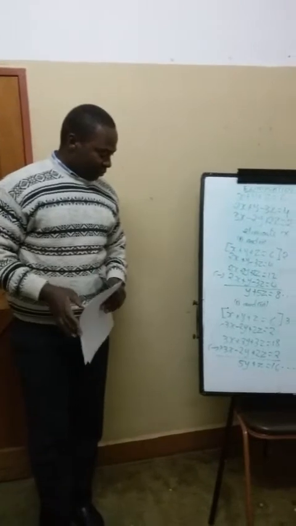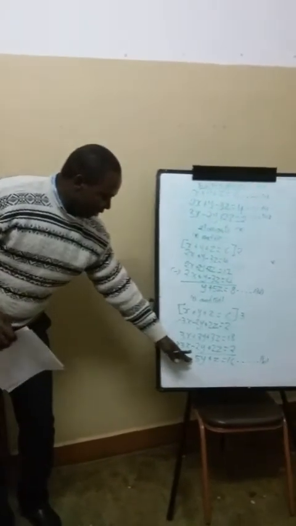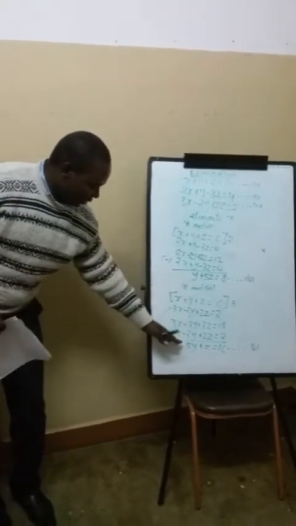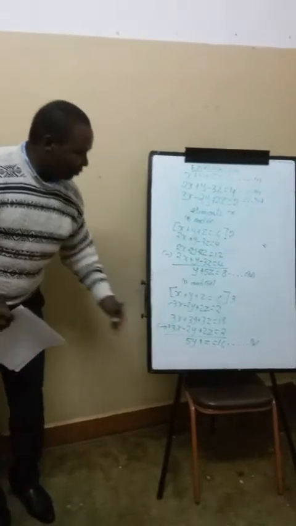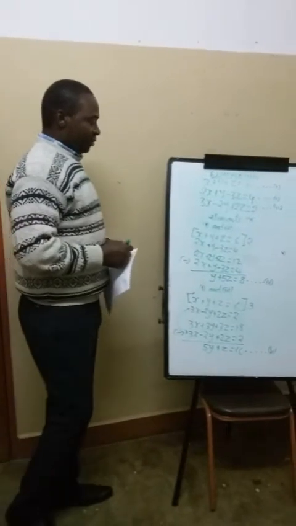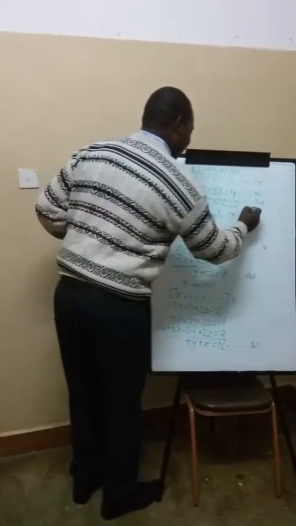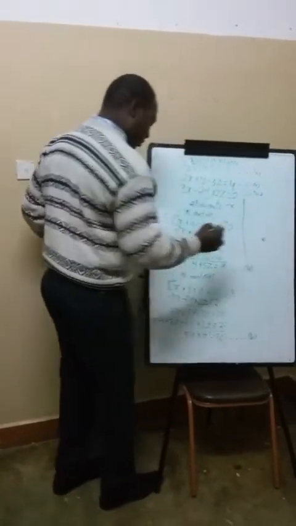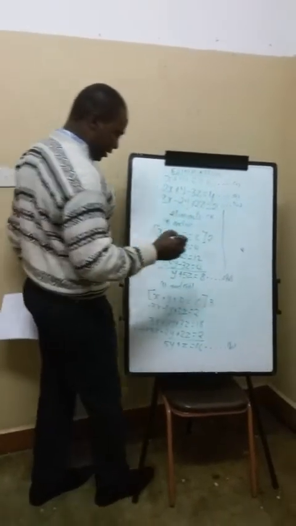So we have two equations. These two equations, we shall solve them simultaneously as well, so that we find the values of y and z.